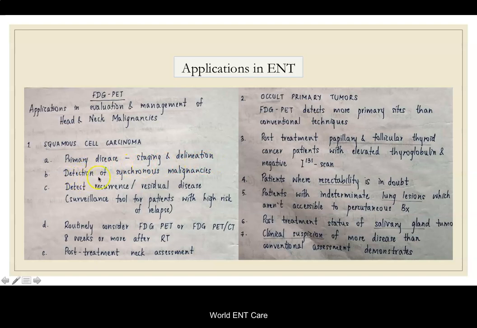It is used for detecting synchronous malignancies. It is used to detect recurrence or residual disease. PET scan can be used as a surveillance tool for patients with high risk of relapse. You routinely consider FDG PET or FDG PET CT 8 weeks or more after radiotherapy. It can also be used as a post-treatment neck assessment.